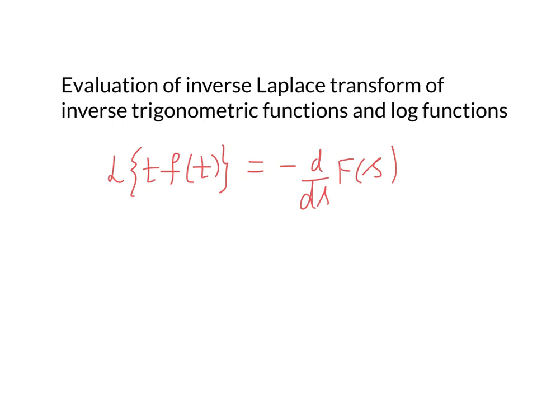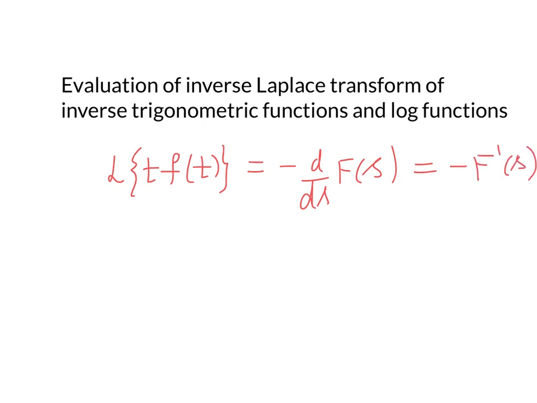So now, how are we applying this property in our problem, the inverse Laplace transform of an inverse trigonometric function or log function? From this property you can write this as minus F dash s.